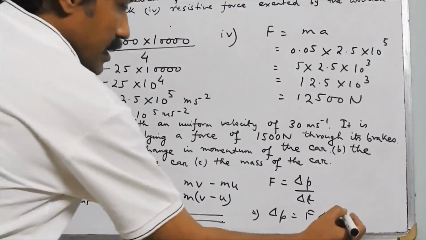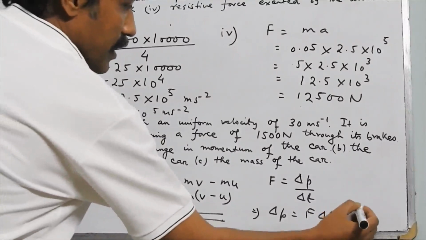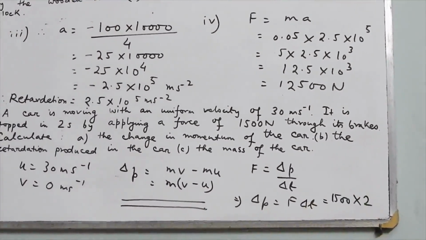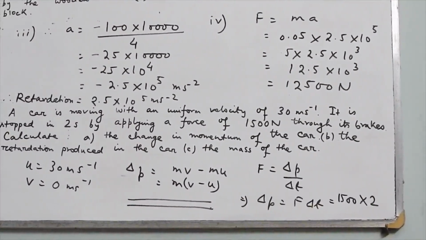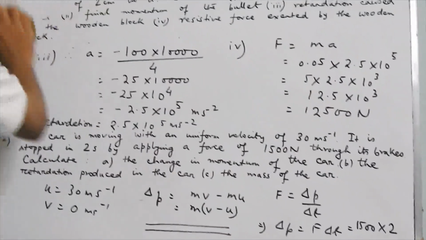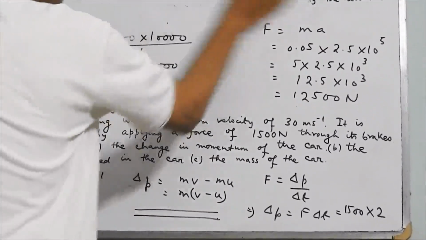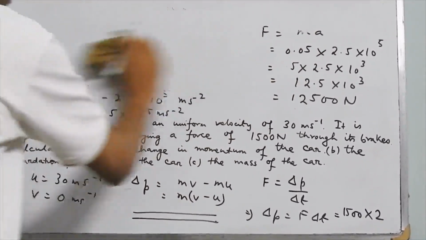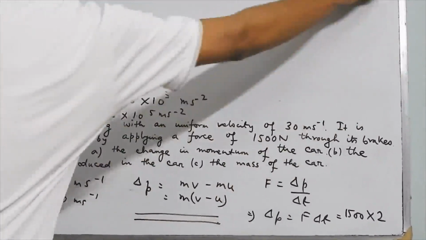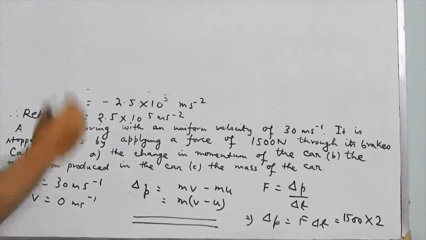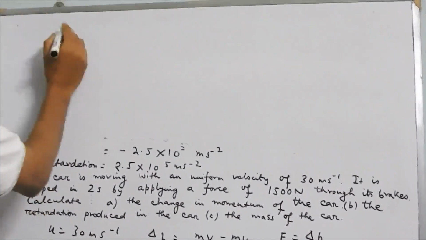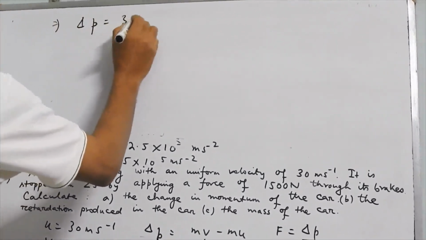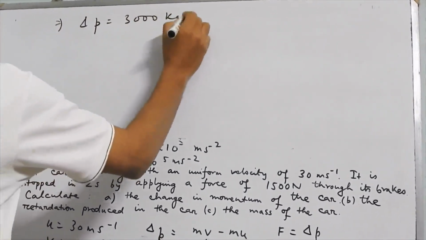Force is 1500 and the time of impact is 2, which means the change in momentum is 1500 into 2, which is 3000 kg meter per second.